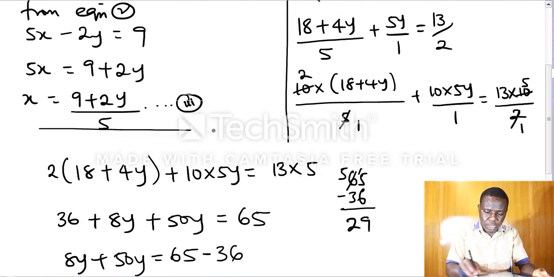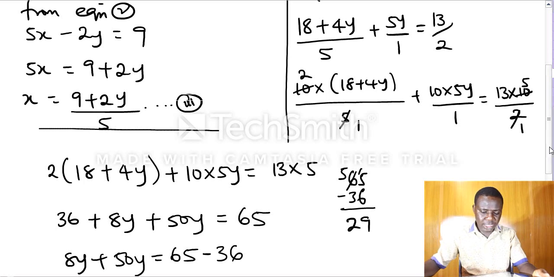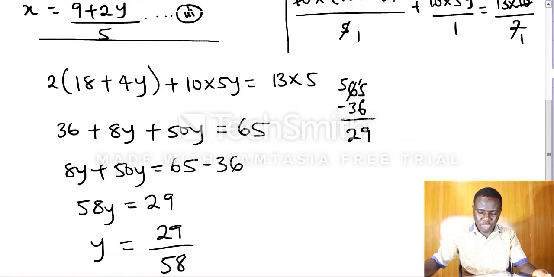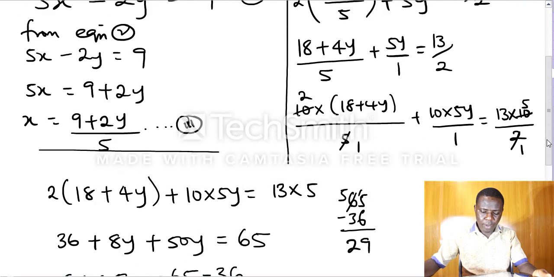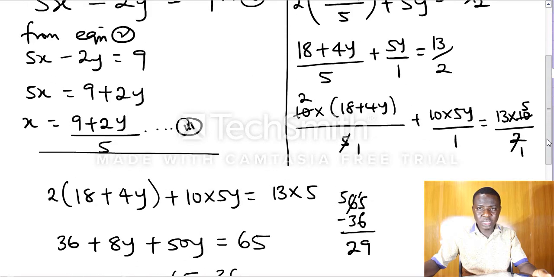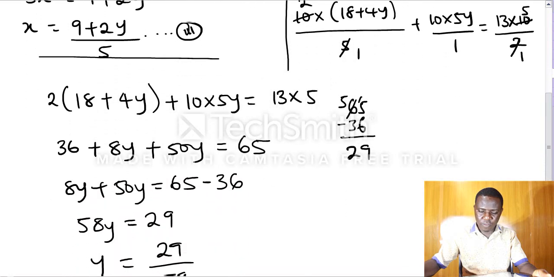But remember, in equation 3, we said x is equal to (9 plus 2y) over 5, meaning whatever you get as the value of y, multiply by 2, add 9 to it, and divide by 5 will give you the value of x.